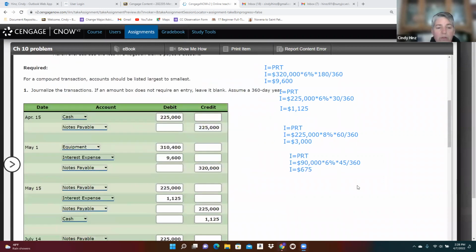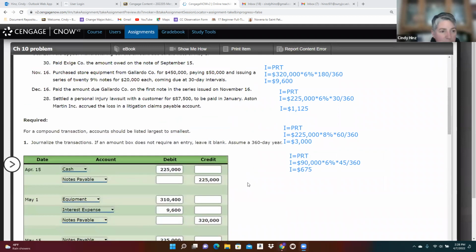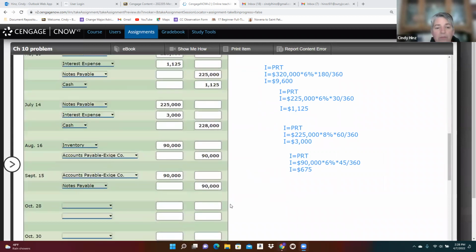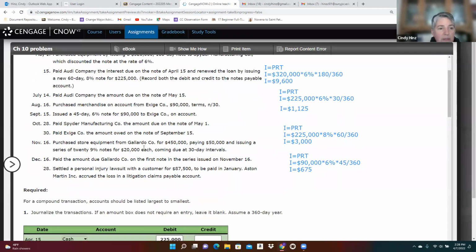And so we're going to go to September 15th. Nope, sorry, not September 15th. The next one is October 28th. And we're going to pay the full amount due on that note. So it's the $90,000 that was the face value plus the $675 worth of interest. Wait a second, what did I miss?